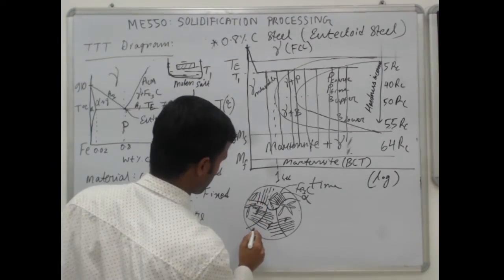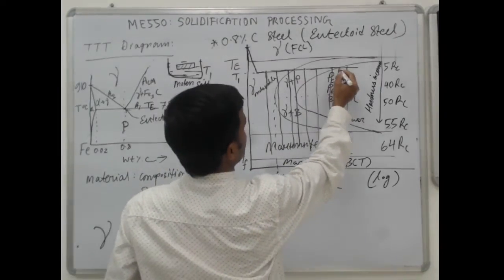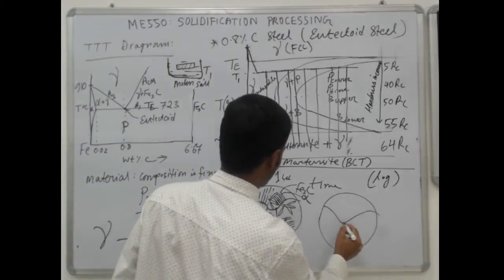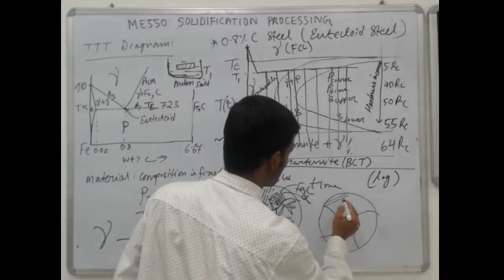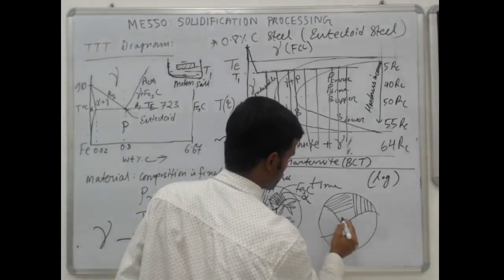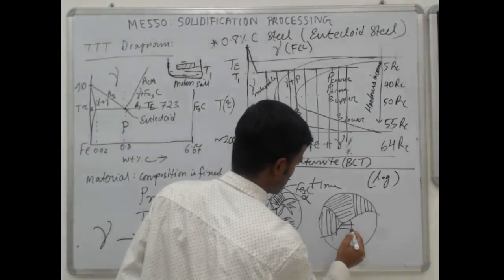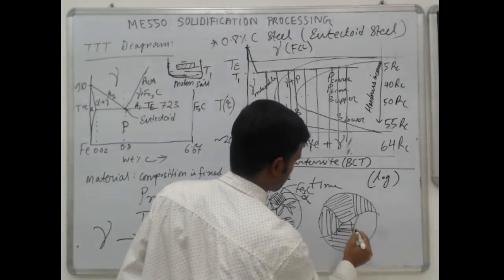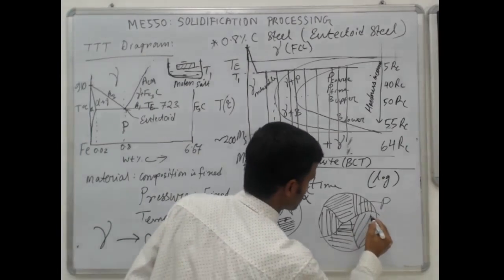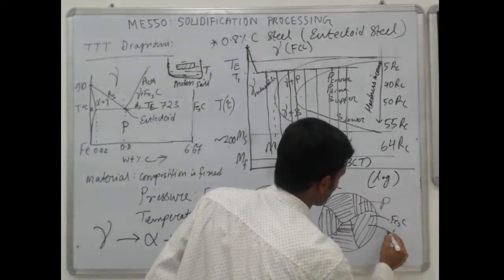So we will discuss what is martensite, but once you hold it for this much time, then inside your structure, say everything will be pearlite. This pearlite is Fe3C, and in between you have alpha.